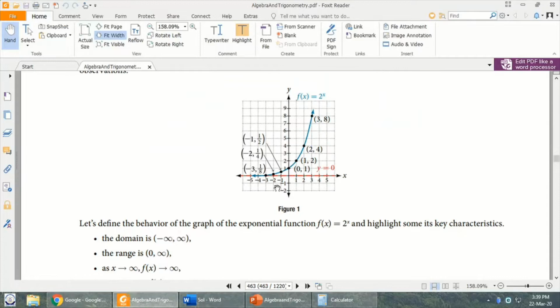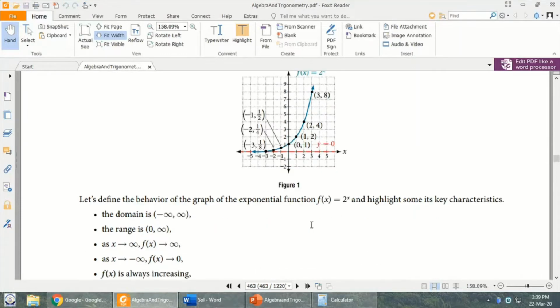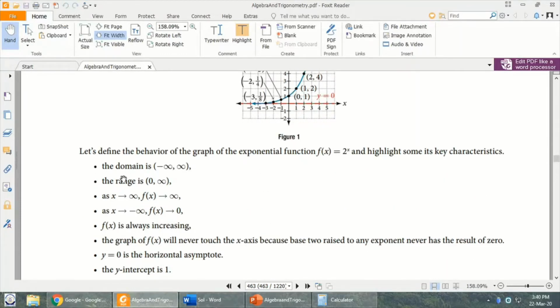So we have the domain as the entire set of values from minus infinity to infinity, and the range is basically for positive values from 0 to infinity, like I said. Now there are two conditions for x: either x could be infinity or it could be negative infinity.